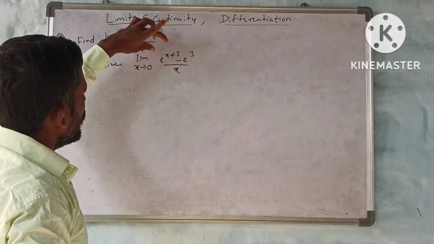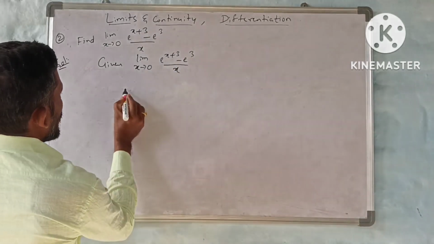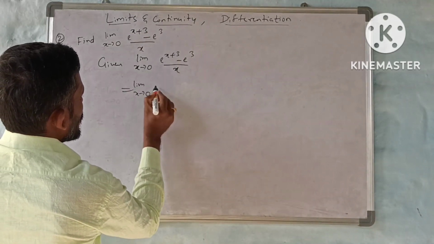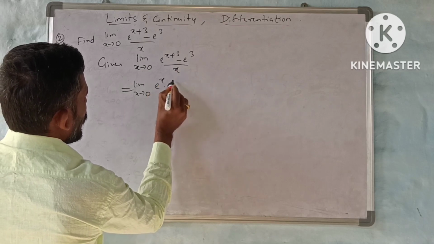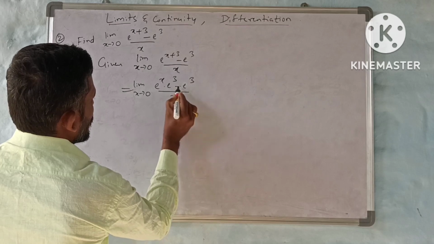In the numerator, see e power x plus 3. So e power x plus 3 can be written as e power x into e power 3, minus e power 3, by x.